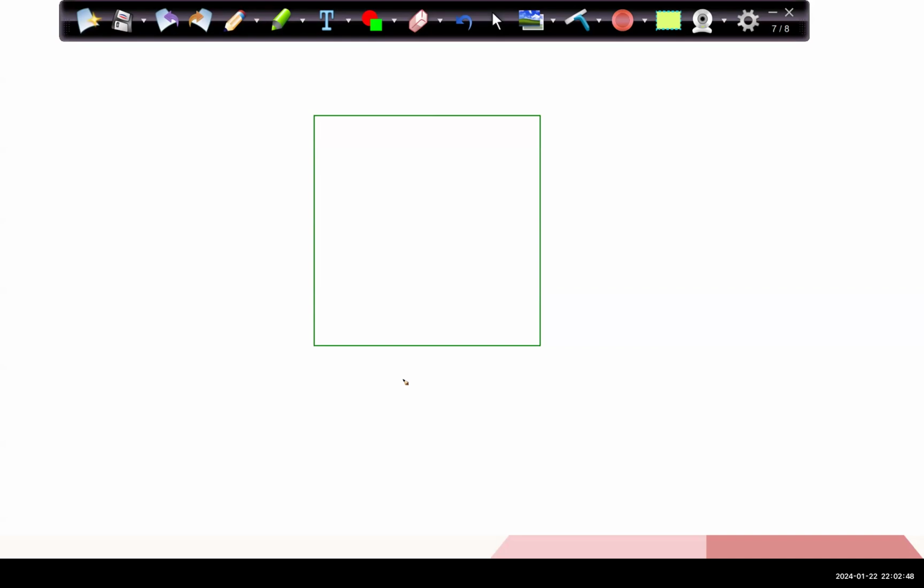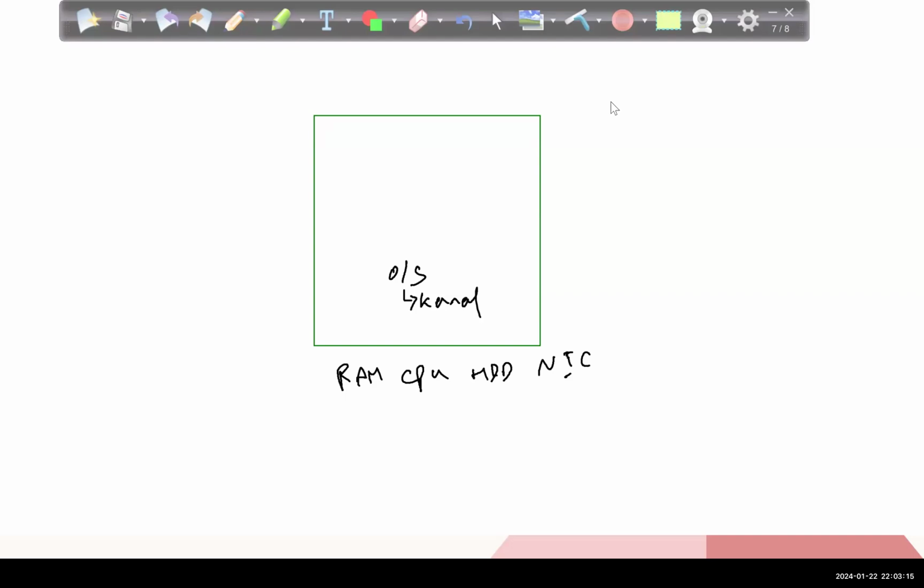Because I have my RAM, I have the CPU, I have the hard disk, I have the NIC card. So I've got the hardware. I will deploy the operating system, which comes with the kernel. Now, can someone tell me why you cannot run two operating systems at the same time on a physical box?